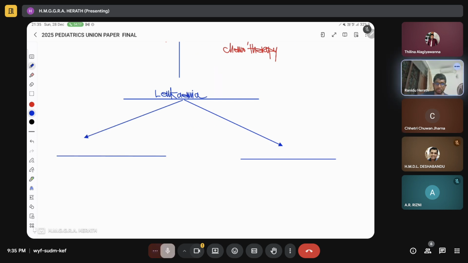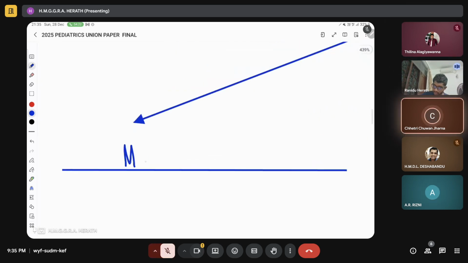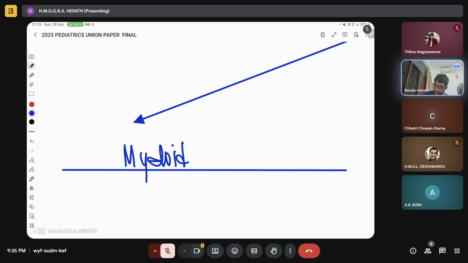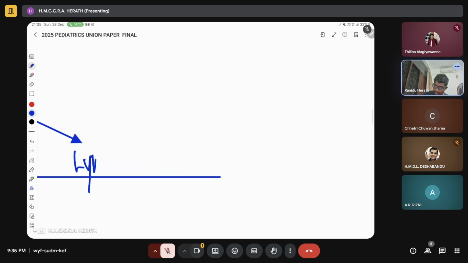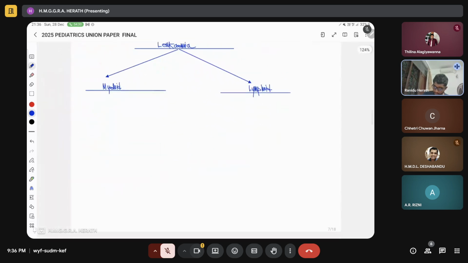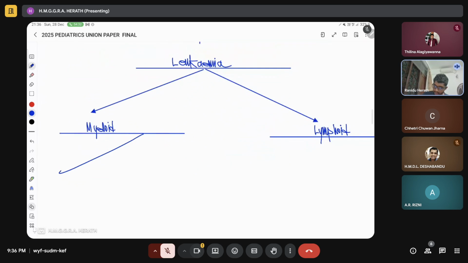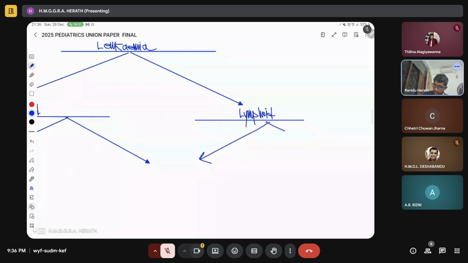Myeloid lineage and lymphoid lineage. Okay. So, what are the common myeloid leukemias that you know, and what are the common lymphoid leukemias that you know?